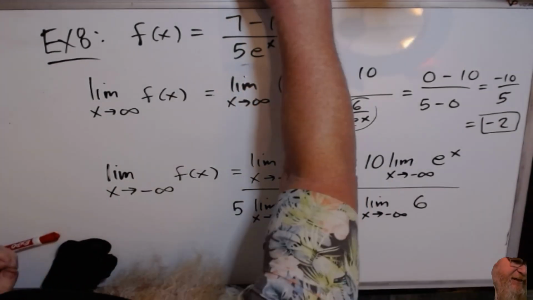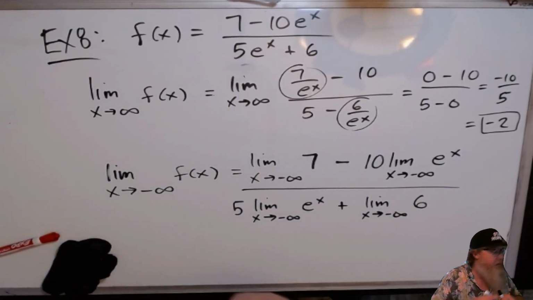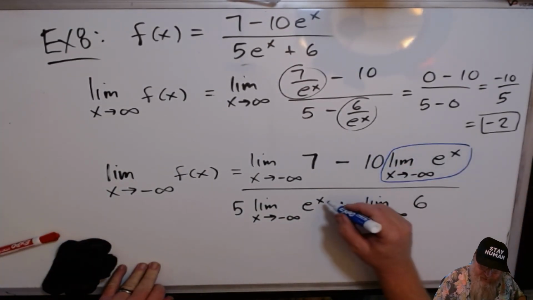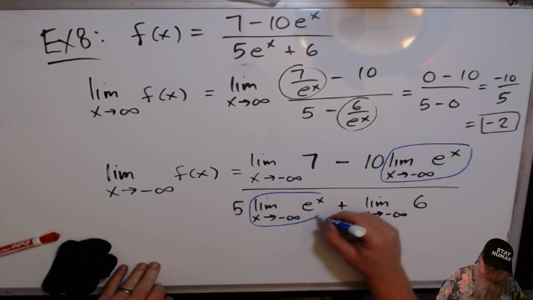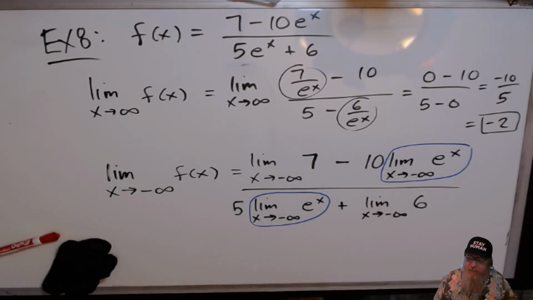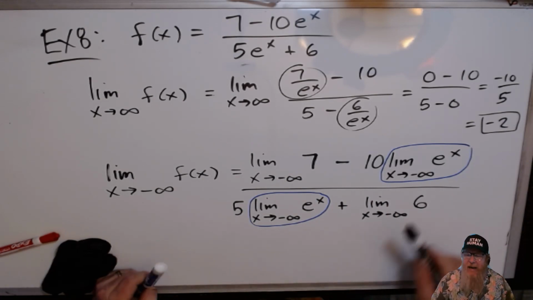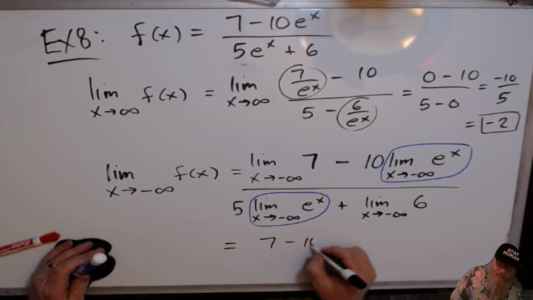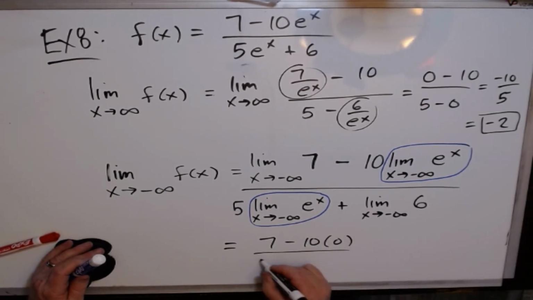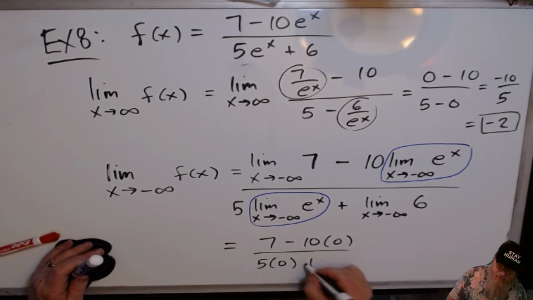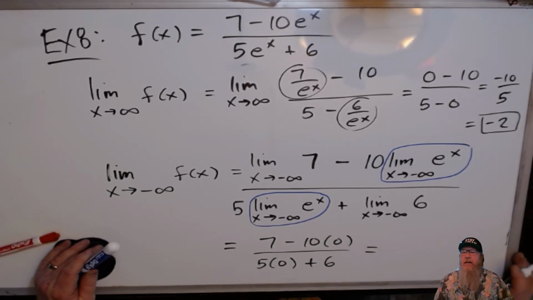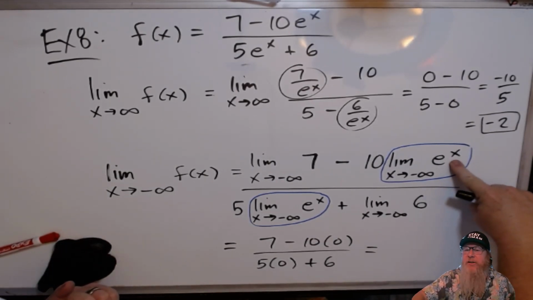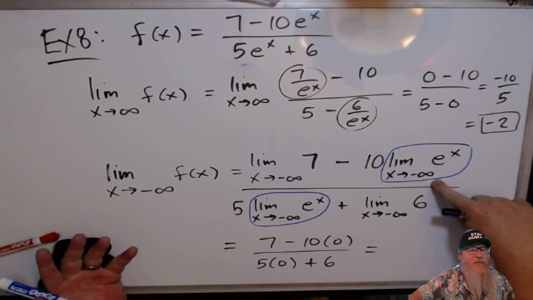So the only limits I actually have to calculate are the ones that we learned, or that I demonstrated at the very beginning of this lecture. And those limits both go to 0. Yeah. Very beginning, we drew the graph of the e^x function, and x is going to negative infinity.